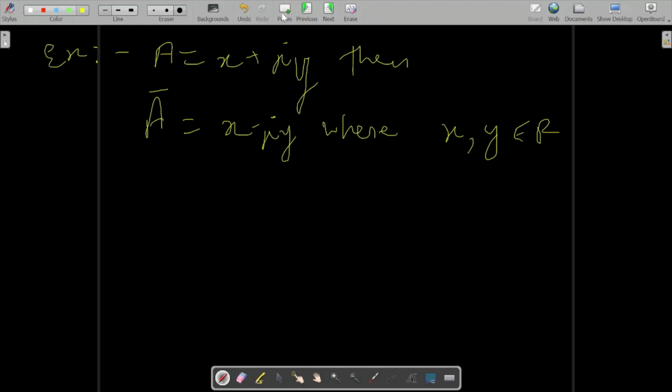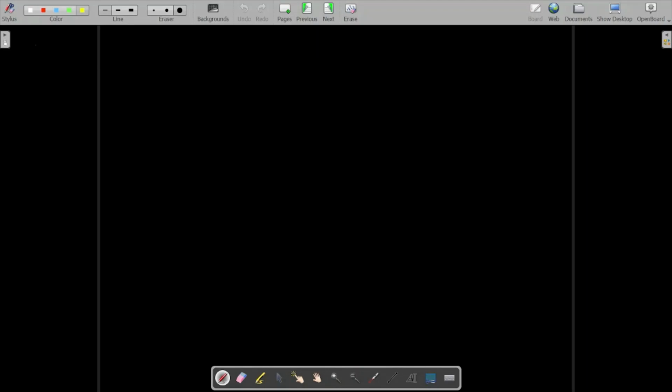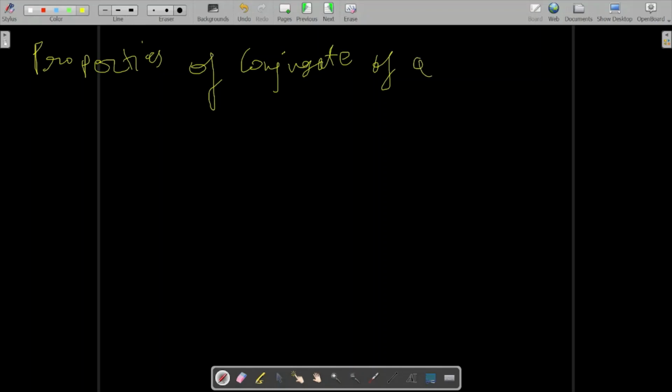Now, properties of conjugate of a matrix. We will look at the properties without any proof.